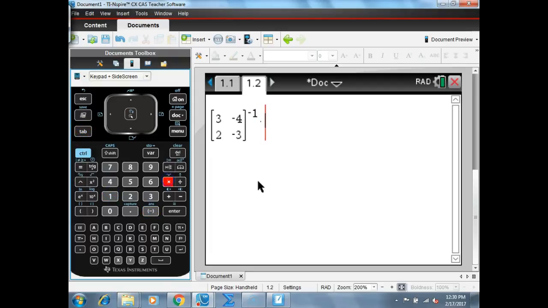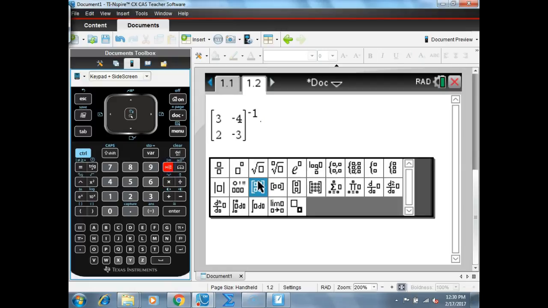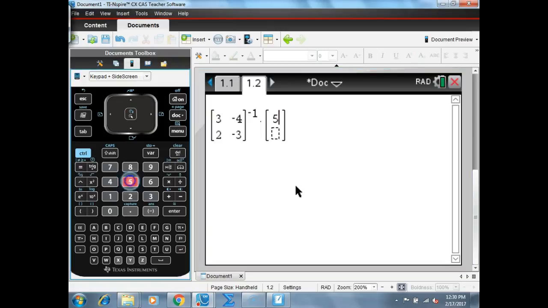Then you're going to multiply that by the 2x1 matrix, 5, 3. It's the number matrix. Okay?